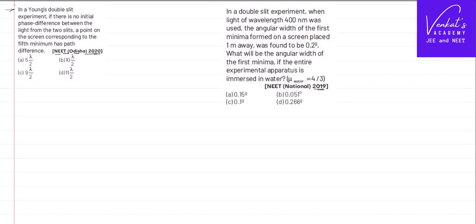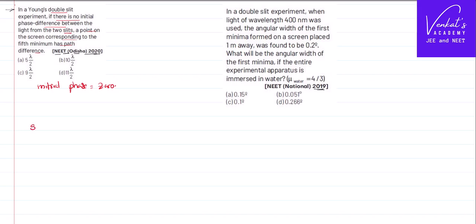What it says is, in a Young's double slit experiment, if there is no initial phase difference, that means initial phase is 0, delta phi, initial phase difference is 0, between the light from two slits, a point on the screen corresponds to the fifth minimum is, how does the experiment look like?